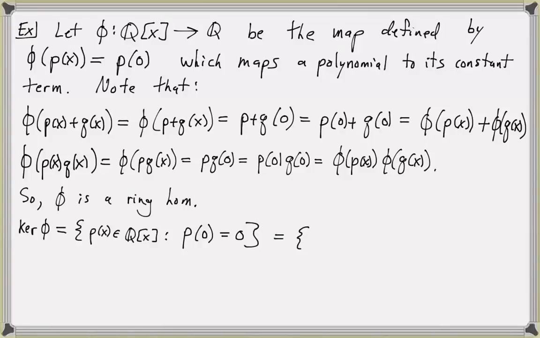So this is the set of all multiples of x in the ring. But we write this as the ideal generated by x. So we see that the kernel of this homomorphism is the ideal generated by x, or all polynomials with a 0 constant term.